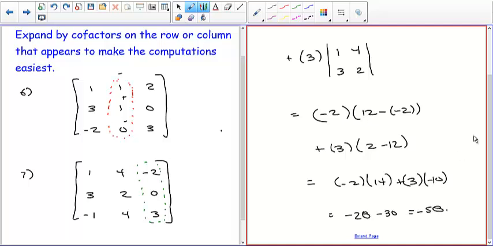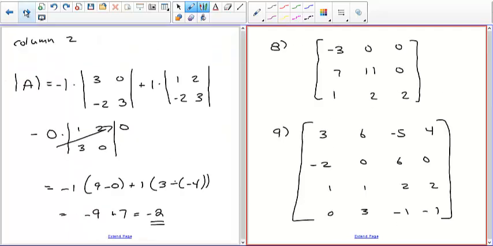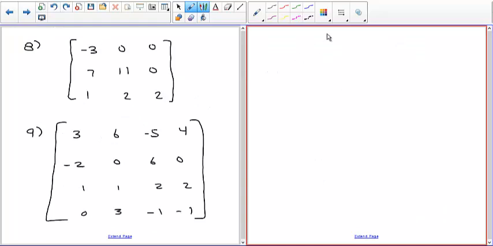So again, I'm going to pause, check that out before. Okay, so that's right. And do we have any more? Yep, a couple more here. Here we have the first row and the third column with zeros, 2 zeros, so that's going to make those real easy. So we'll choose the first row because that seems like an easy one to do.